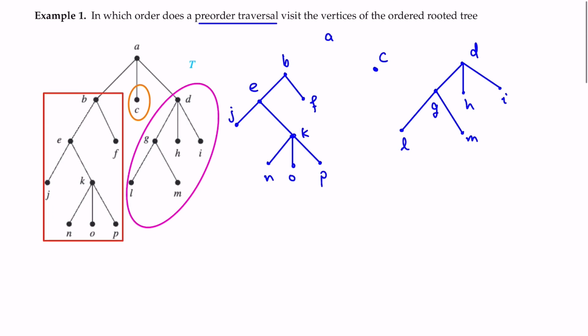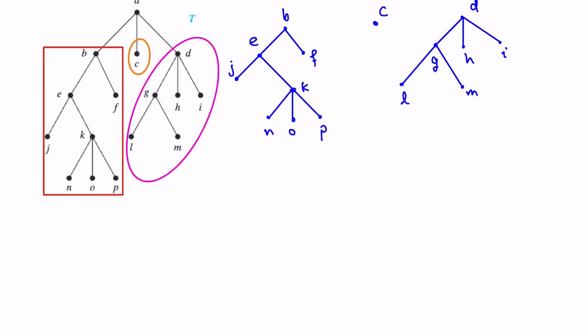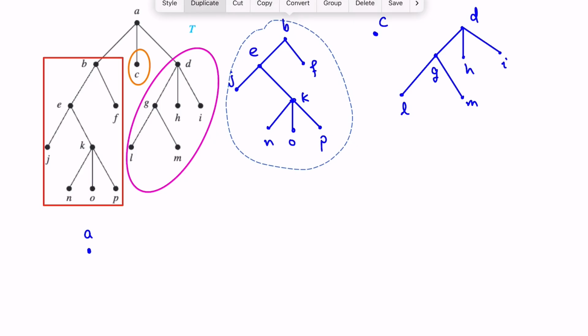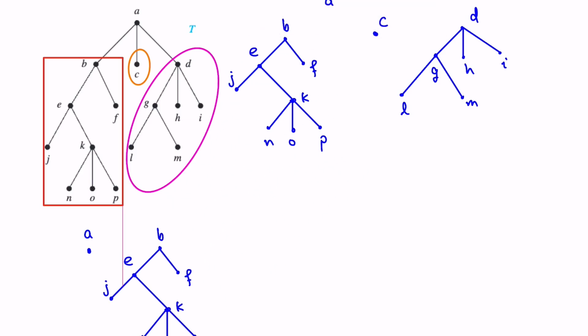And I'm going to transfer all of this information into this particular order. So we're going to visit A first, and then we're going to look at this subtree. And then we're going to look at this subtree, which in this case is just going to have one vertex. And the last subtree that we're going to visit is this subtree.